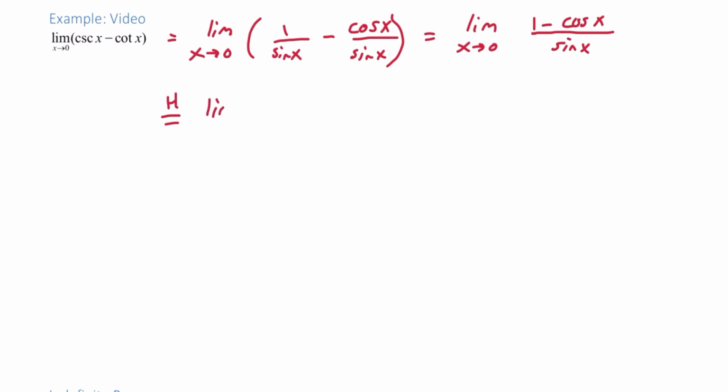Take the derivative of the numerator and the denominator. So the derivative of the numerator, 1 minus cosine x, becomes sine x. The derivative of the denominator, sine x, we get cosine x. And now substitute in our 0, and we get 0.